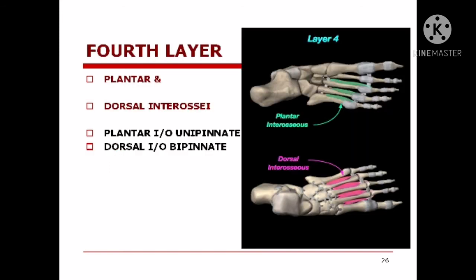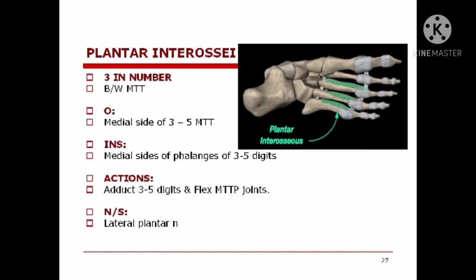The fourth and the last layer is formed by the plantar and the dorsal interossei. The plantar interossei are unipennate and the dorsal interossei are bipennate. The plantar interossei are 3 in number and occupy the space between the metatarsal bones.